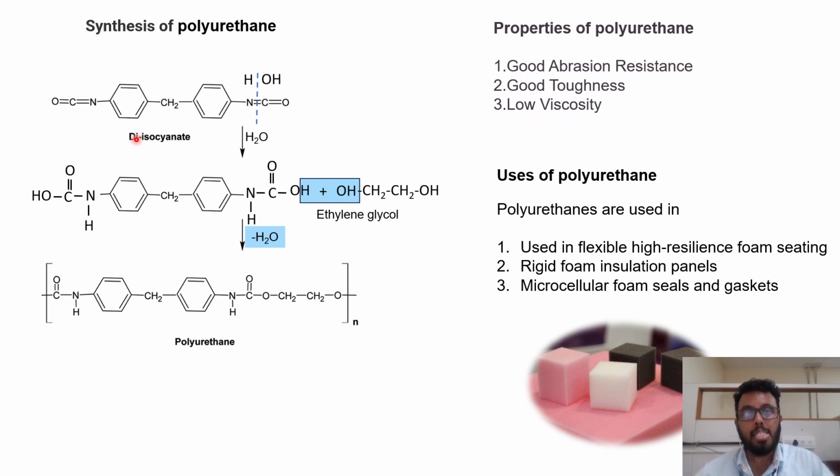In the previous case, you have got one aromatic ring and COH on the left and right, that is terephthalic acid. Here you are having this aromatic ring attached with the isocyanate group. Exactly the same is present here, but these two rings are linked by the methylene group. This is how diisocyanate will look like.